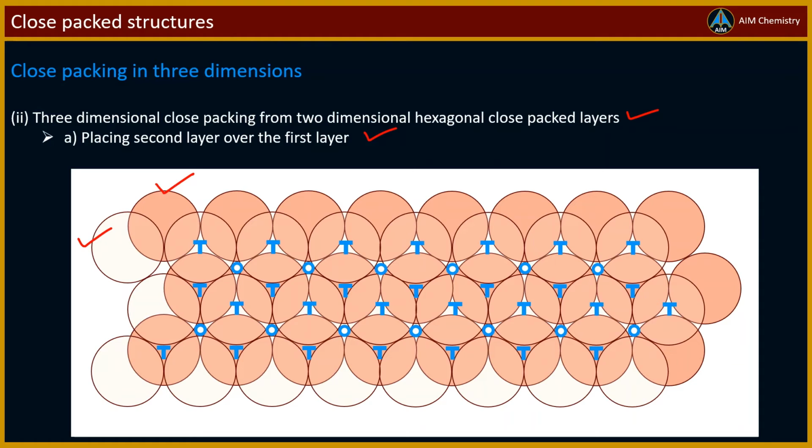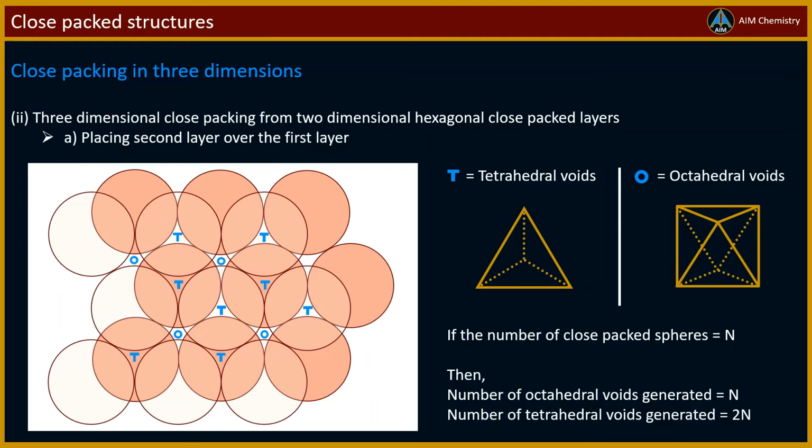But it can be observed that all the triangular voids of the first layer are not covered by the second layer. Wherever a sphere of the second layer is above the void of the first layer, or vice versa, a tetrahedral void is formed. And wherever the triangular shapes do not overlap, an octahedral void is formed.